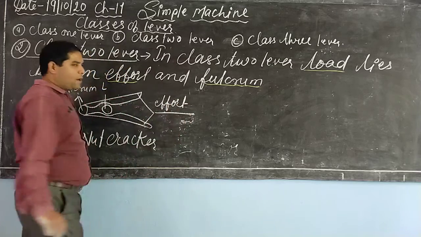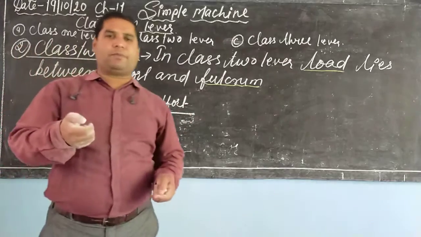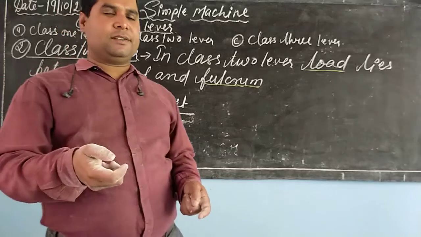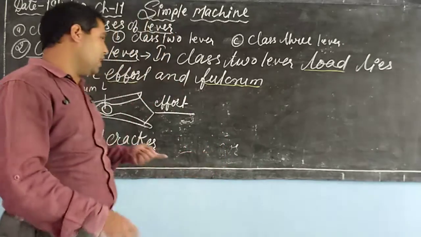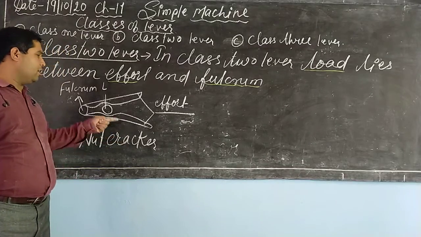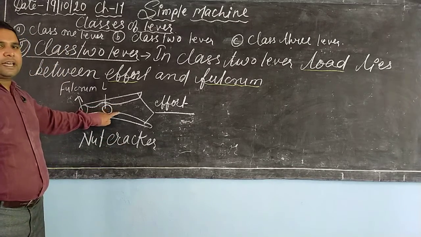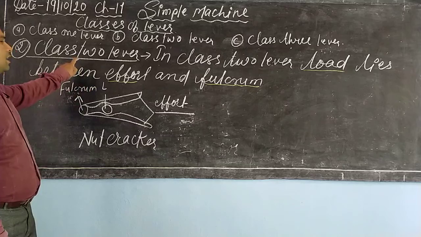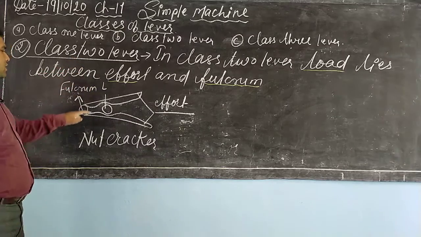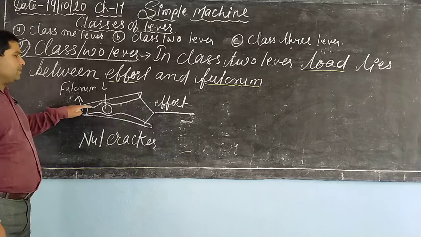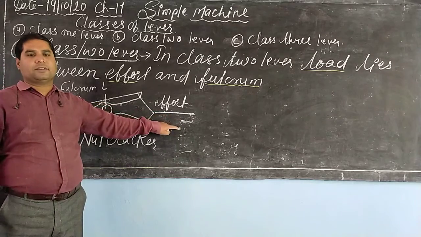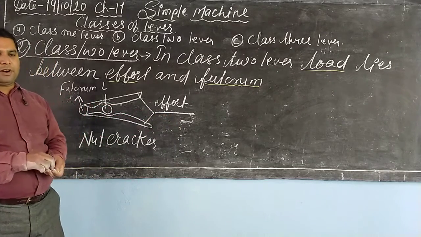Dear student, you may have seen that a person used to cut the nut with the help of the nutcracker. So nutcracker is an example of the class 2 lever in which load lies between the fulcrum and the effort.